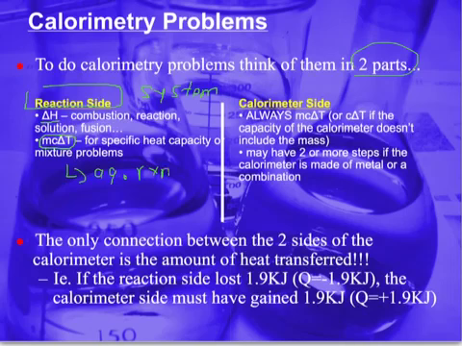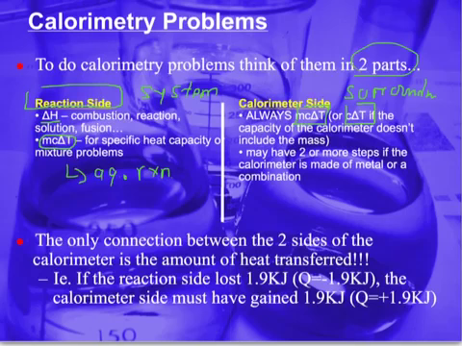On the other hand, for the calorimeter side, or the surroundings, we will always use the formula mc delta T, or if we're not given the mass, C delta T. However, this may be two or more steps if we have to consider the water in the calorimeter plus the metal, or a combination of both.